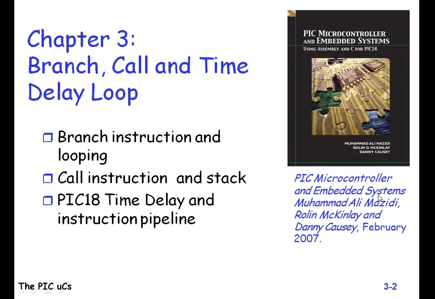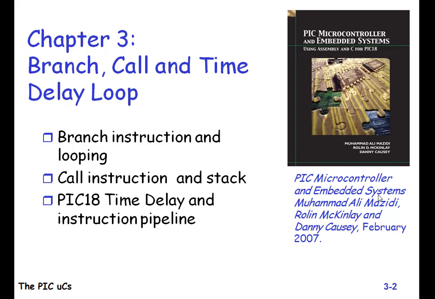This is the continued lecture of previous lectures, and these topics are mentioned in chapter 3 of the book PIC Microcontroller and Embedded Systems by Muhammad Ali Mazidi. These are some topics which we will discuss: branch instructions, call, time and delay loops.